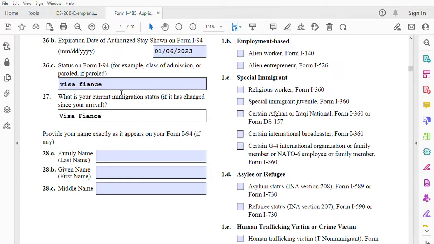It is a K1 visa, but it does not let me enter K1 visa, but you can do it by blank ink, or you can just type visa fiancé. The last name, family name, is Baker. Given name is Diana, and the middle name is Blanc or Renee, doesn't matter, both work.